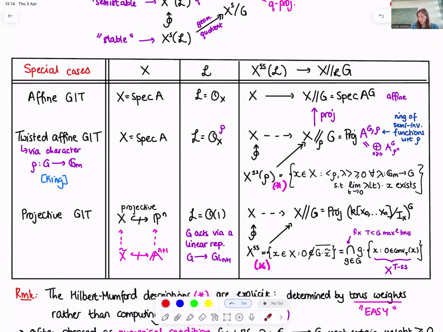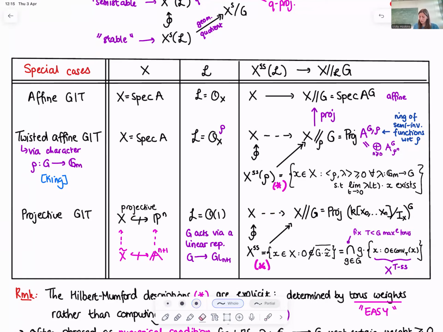Then what is the quotient in this case? Well, you just look at the homogeneous coordinate ring of X. Forgetting the G, that's a ring here, and you take G invariants, and then you projectivize, and you get a rational map from X, which is induced by the inclusion of G invariants.